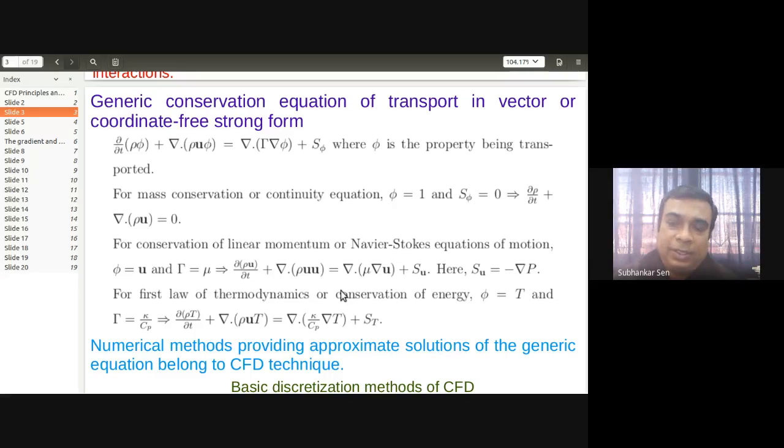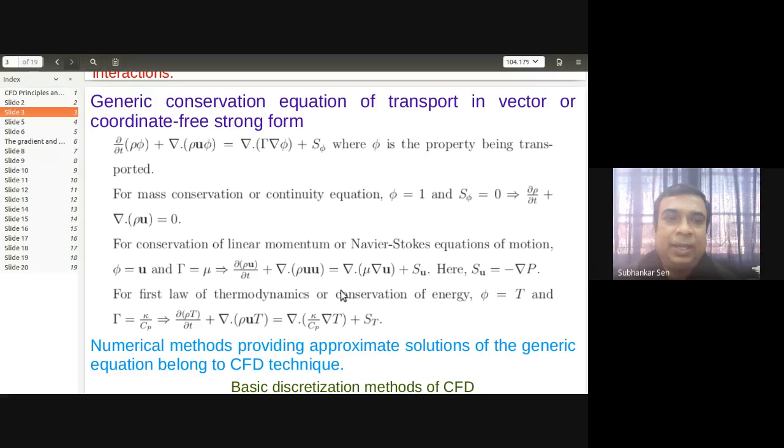So this is also known as the generalized continuity equation in the vector form. I just wanted to inform you that this particular equation is a vector equation. We say that this is a coordinate free equation. So we don't say that this equation is written in Cartesian, cylindrical or spherical coordinate system. This is independent of coordinate system.